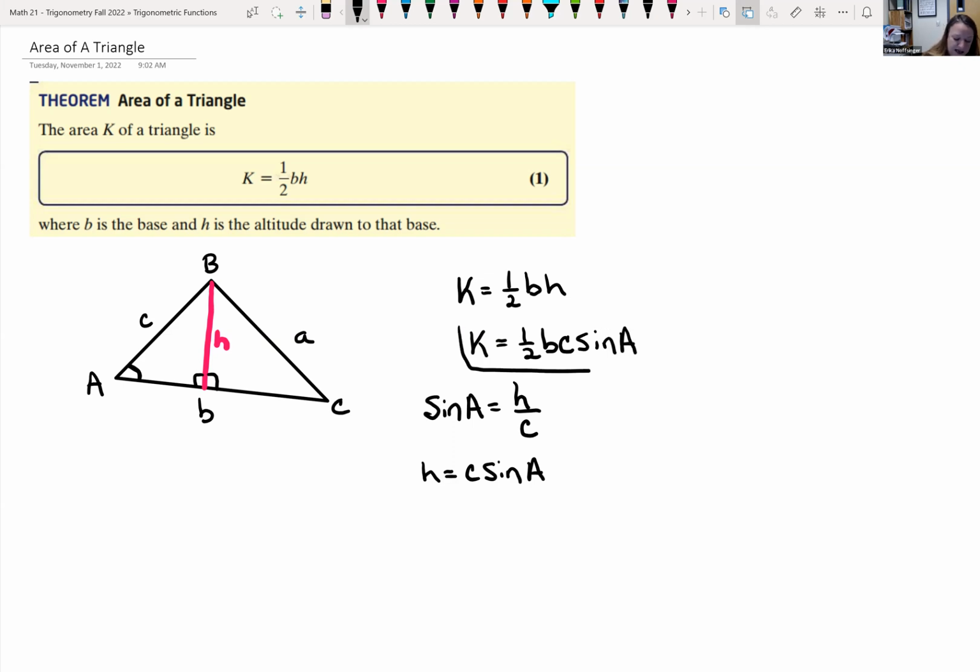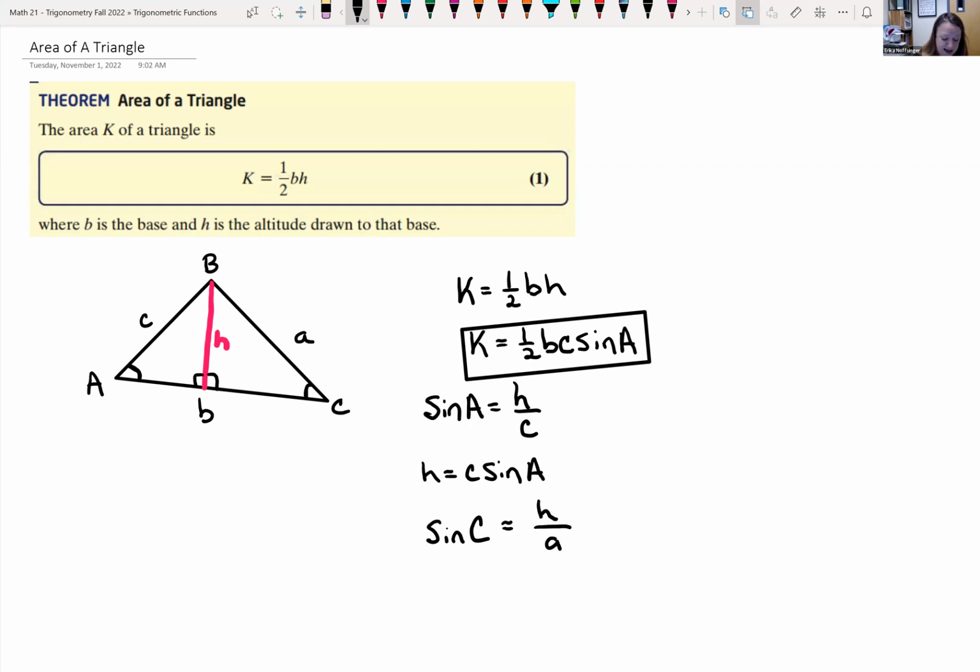So that was using the left-hand triangle when we made it a right triangle by putting in the height. If we looked at the right-hand triangle as we cut it into two, we could say, well, sine of C, opposite of angle C is H, all over the hypotenuse.